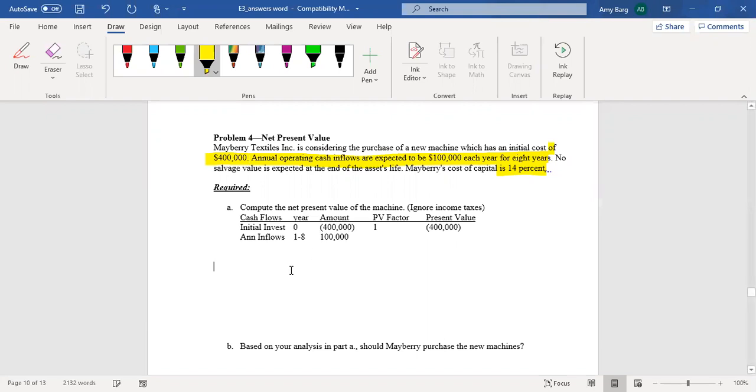And now we need the present value factor. So when you go to figure out the present value factor, there's going to be tables. Have your professors given you the tables? Yes. Okay, so yeah, just use your tables. Because this is an annual inflow every single year for 8 years, what you're going to look for is the present value of an ordinary annuity for 8 years at 14%.